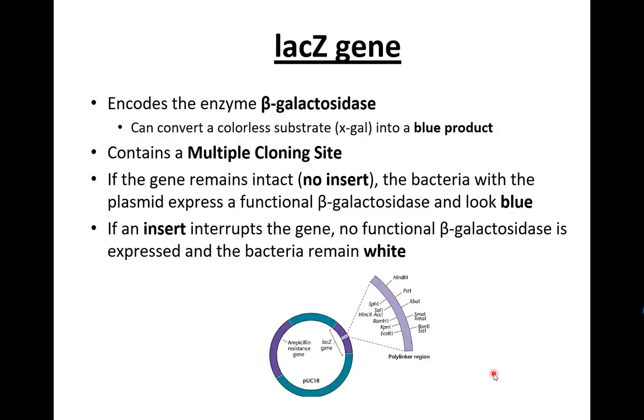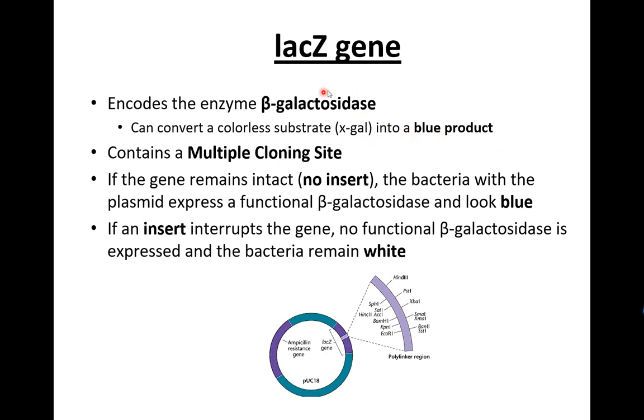Another marker gene commonly used is the LacZ gene. This is a gene that codes for a protein called beta-galactosidase. It's a natural protein actually found in some bacteria, but basically what it can do in the lab is convert a colorless compound referred to as X-gal into a blue product.